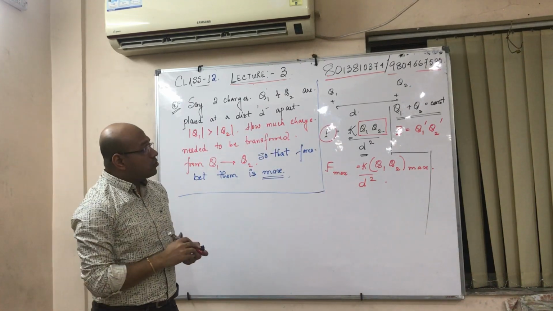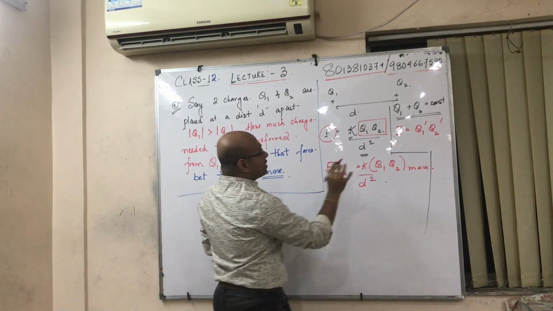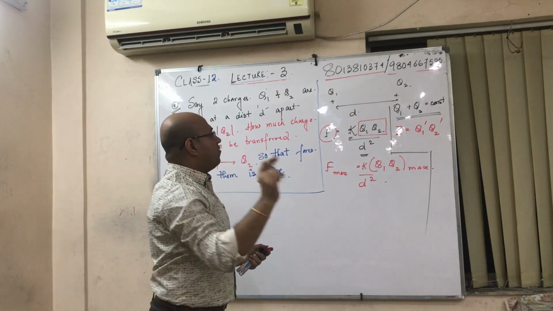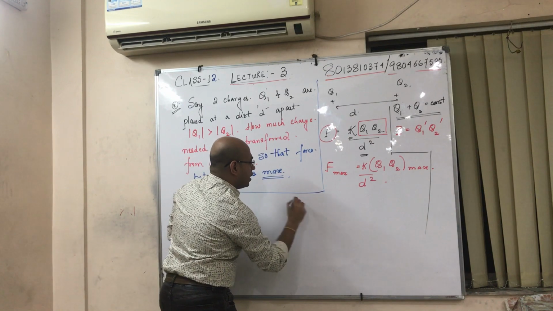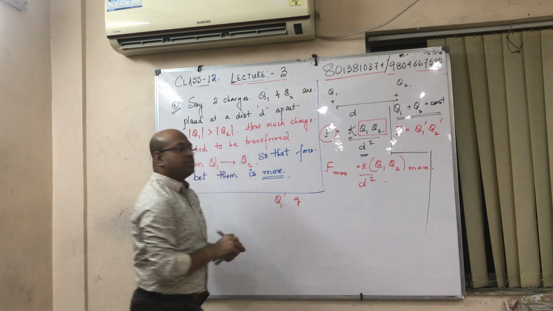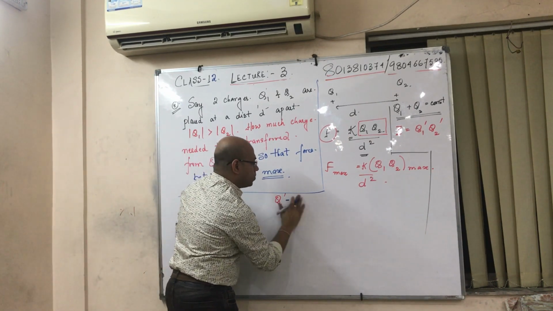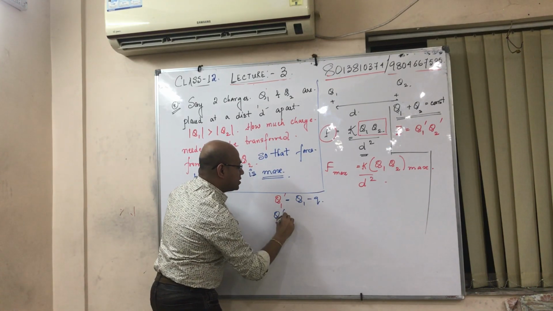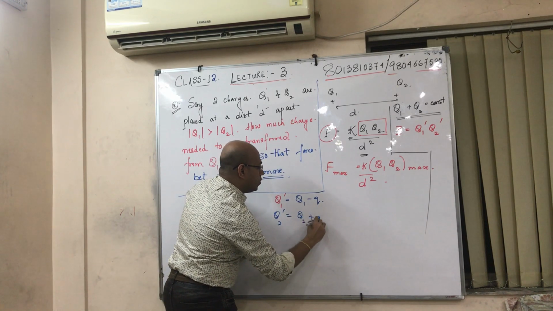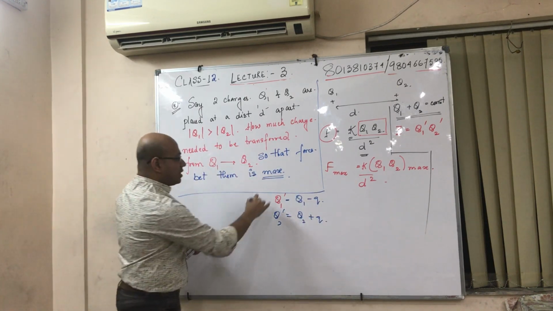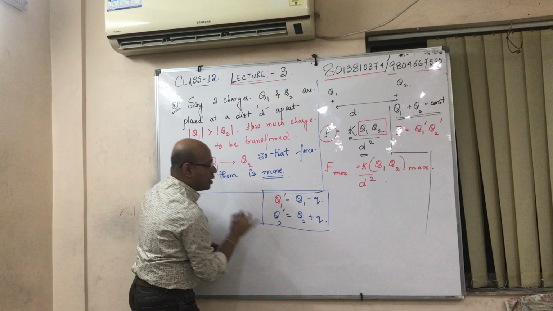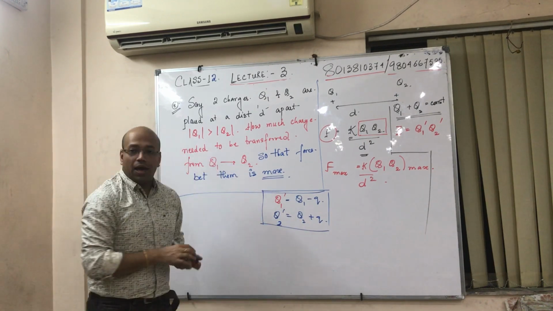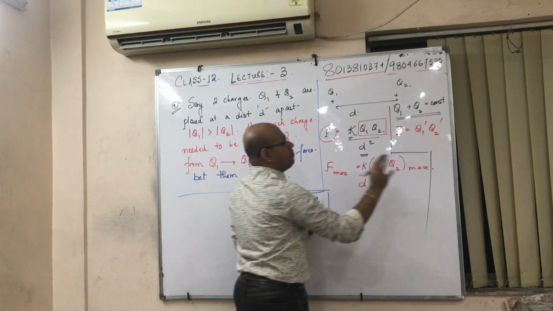Let us say I have transferred a small charge Q. I write the expression like this: Q1 dash is equal to big Q1 minus Q, and Q2 dash is nothing but the original Q2 plus Q. I want to make the product maximum.